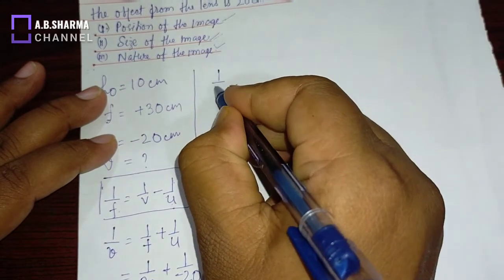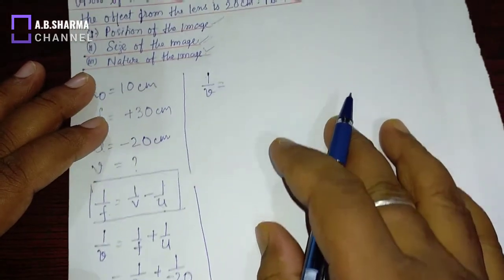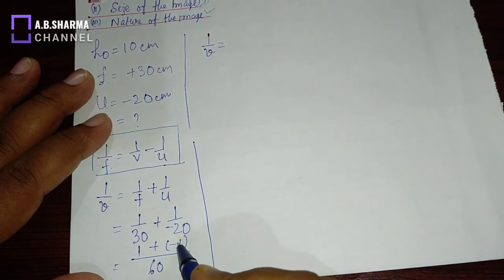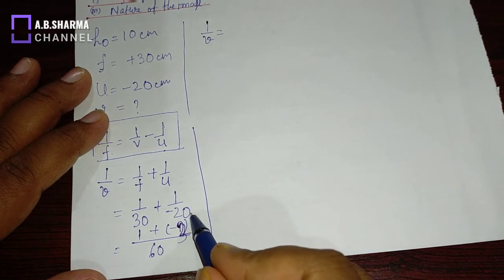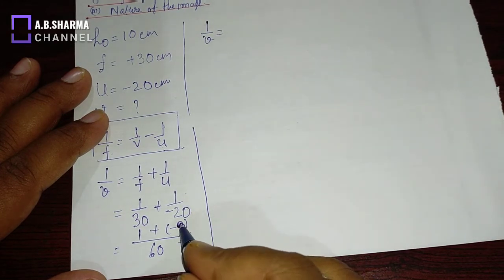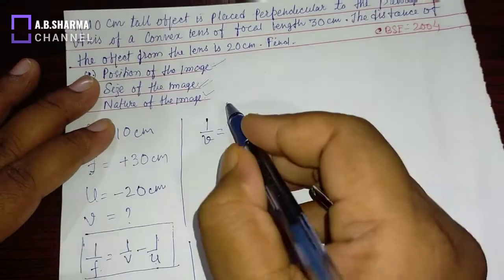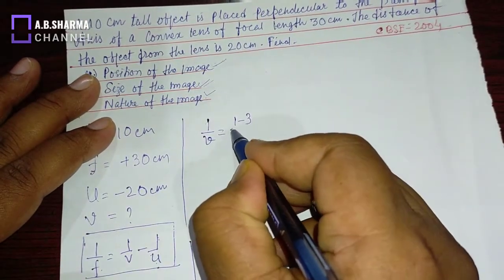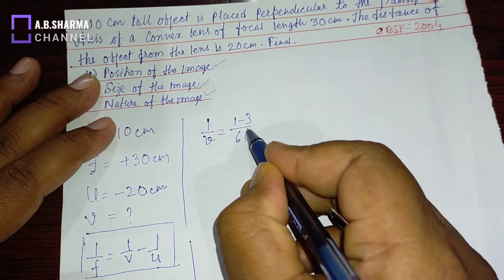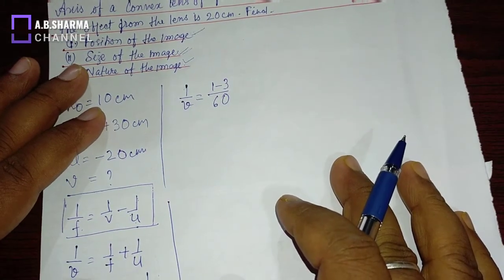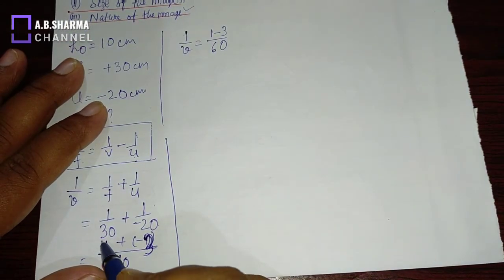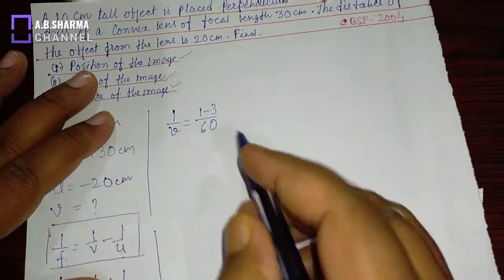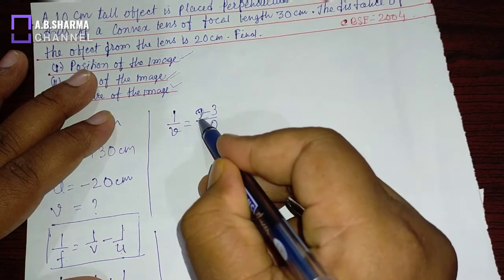Sorry, this is 2 and this is minus 3, so this will be 2 minus 3.